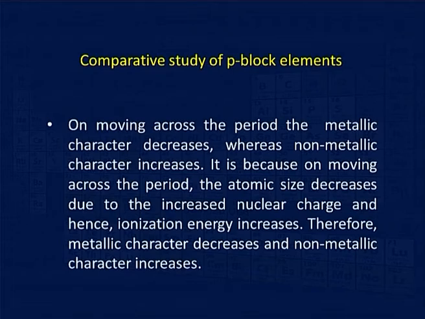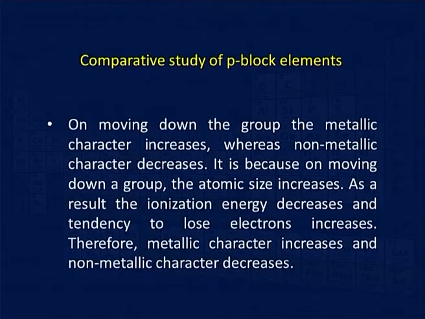It takes place because on moving across the period in the periodic table from left to right, the atomic size decreases due to the increased nuclear charge and the pull of electrons towards the nucleus, and hence the ionization energy increases, meaning more energy is required to remove an electron. Therefore, the metallic character decreases and the non-metallic character increases when you go across the period from left to right.